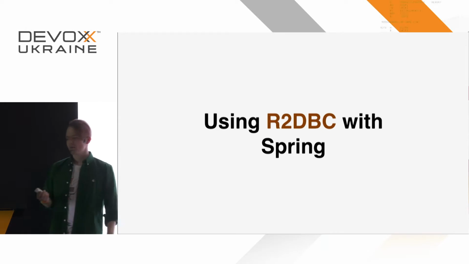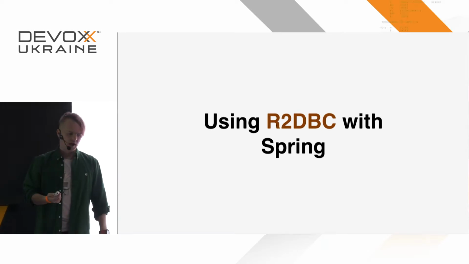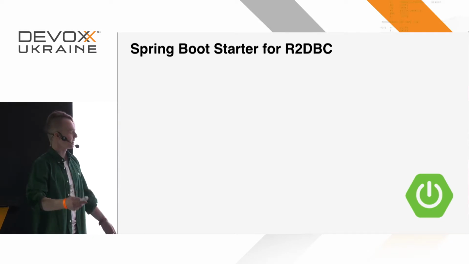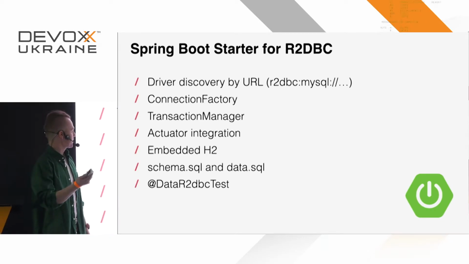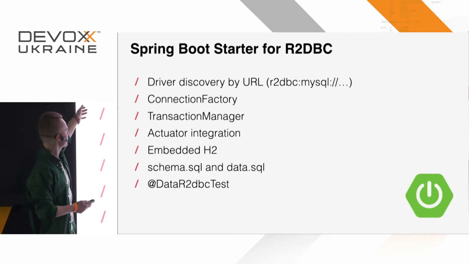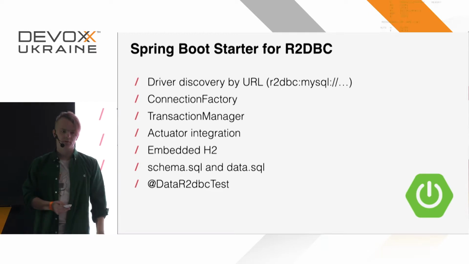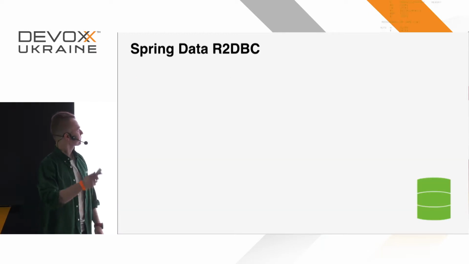Also, R2DBC has good support in Spring, obviously, because it's Pivotal. And from Spring Boot, we have all the goodies that we need, like tests, Actuator integration, auto-discovery of the drivers, and so on.